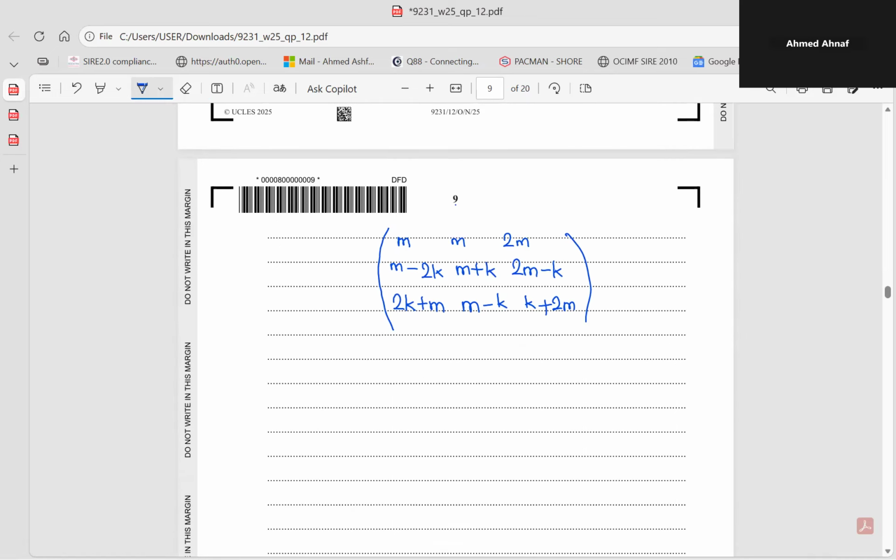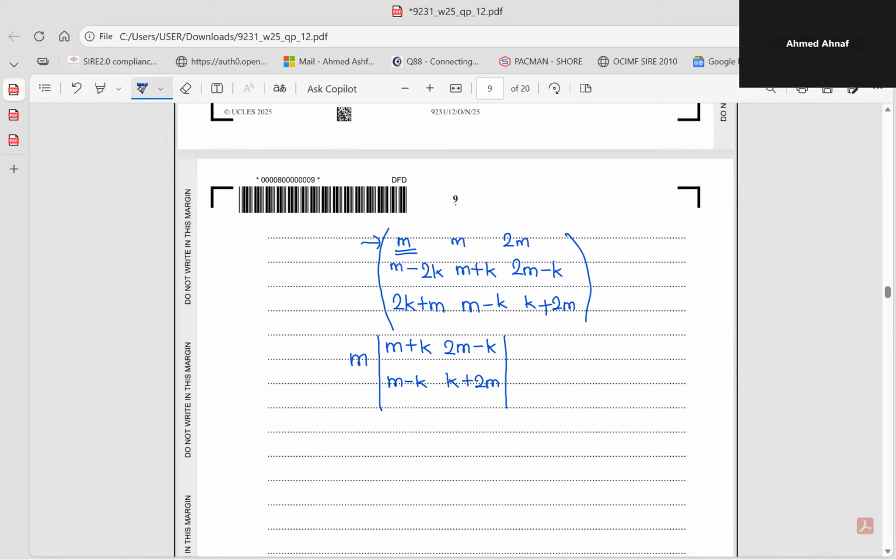So to get the determinant, you start off with the first row and take the element in the first column, so m. And then you cover up these two rows. You take the determinant of the remaining elements. So m times m plus k, 2m minus k, m minus k, k plus 2m. Okay, so you repeat it for the second element in the second column. So minus this element.